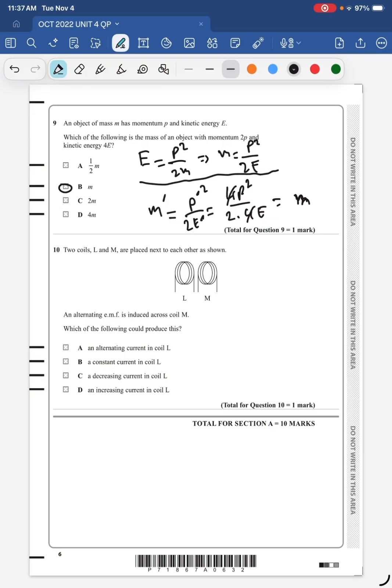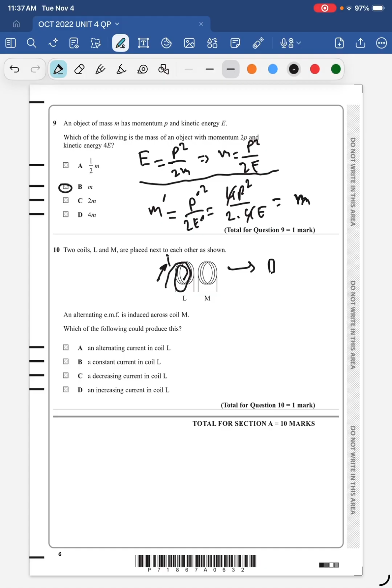So if there's a current I, which according to our left hand is going to induce a magnetic field B in this direction, okay? You have to curl your fingers around the coil, in the direction of the current, and your thumb is going to point in the direction of the magnetic field.